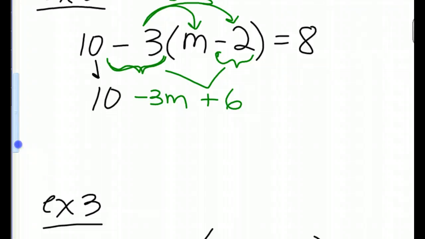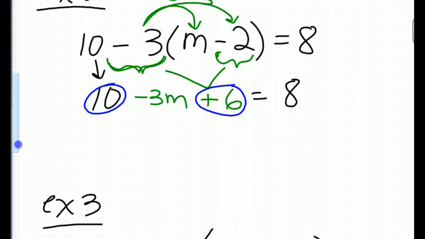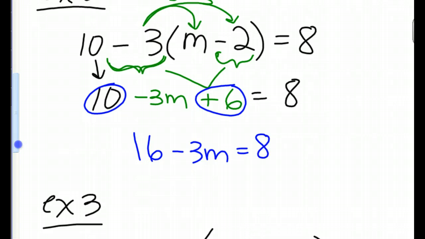We still have a 10 out here, and we have an equals 8 out here. Now again, we combine like terms. My like terms here are positive 6 and a positive 10. And we know 6 plus 10 is going to give us 16 minus 3m. Just bring that down, equals 8.